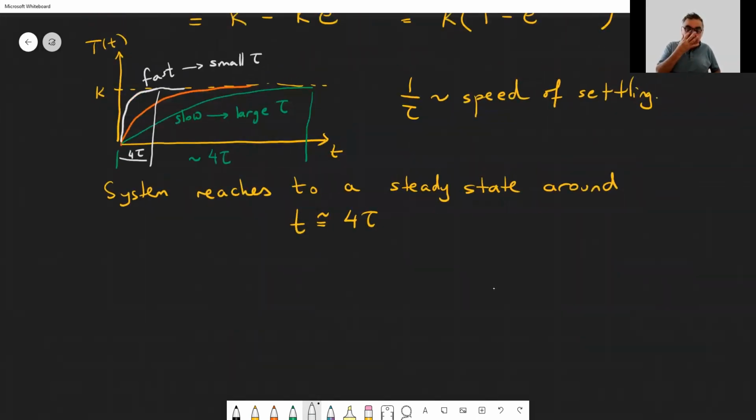Okay, so this is a typical response of a first order system. So a first order system is determined by 2 parameters in general. K, which is the steady state gain, and the time constant, which are the parameters.